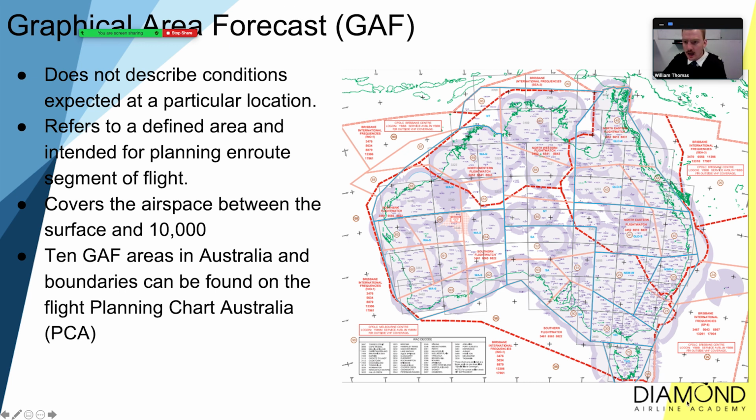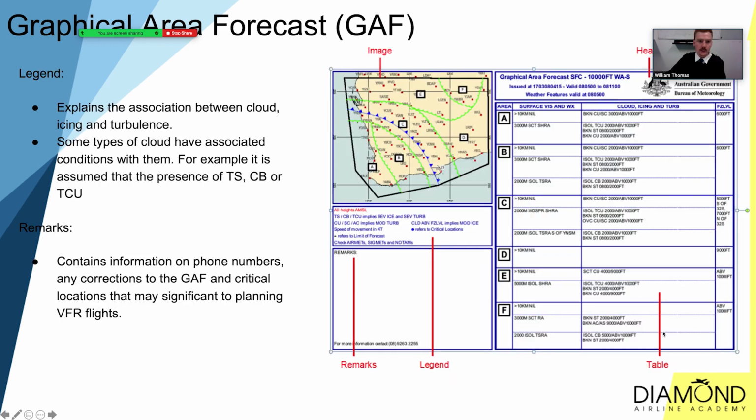All right, so here is one which we most often use for Victoria, and we'll take a look at that in more detail. What do we see on a graphical area forecast in general? This looks like it's for the southwest of Western Australia.